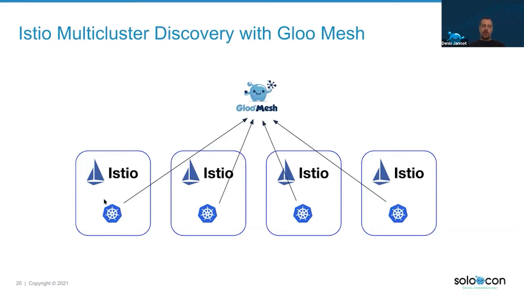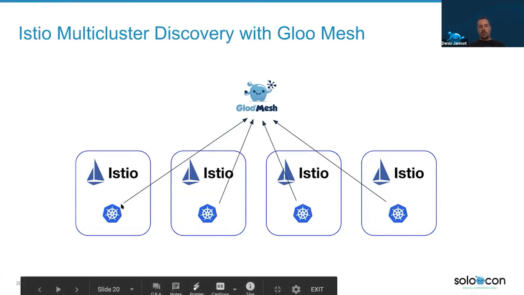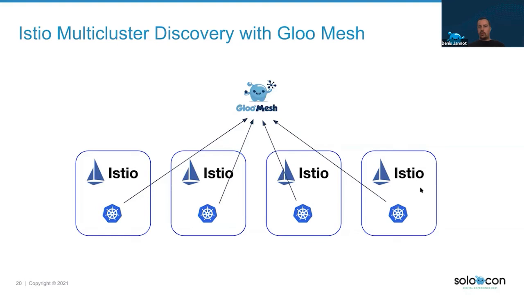It is the responsibility of this local agent to watch the local API server and to pass the information to Gloo Mesh using a gRPC channel. So Gloo Mesh gets all the info about all these discovered workloads, and then Gloo Mesh can use the same gRPC channel to tell the different agents what it has discovered and how to apply all the policies and so on. So it's a lot more scalable and also a lot more secure, right? Because there is no exchange of the secret of the API servers and so on.